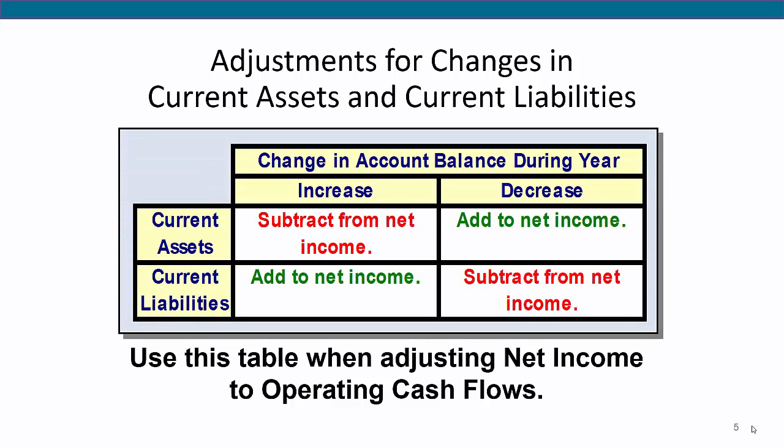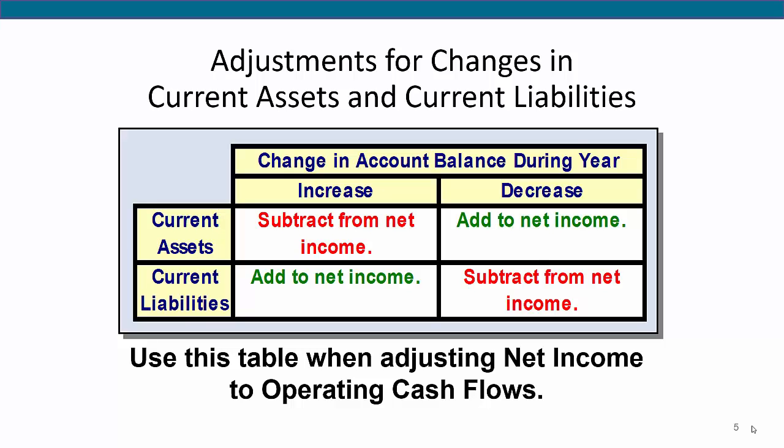This chart explains how to treat a non-cash current asset or current liability in the operating section of the statement of cash flows. I suggest you memorize the steps because they are a bit complicated. It is easier if you start with current liabilities. Notice that if current liabilities increase, we add them back to net income. If current liabilities decrease, we subtract them from net income.